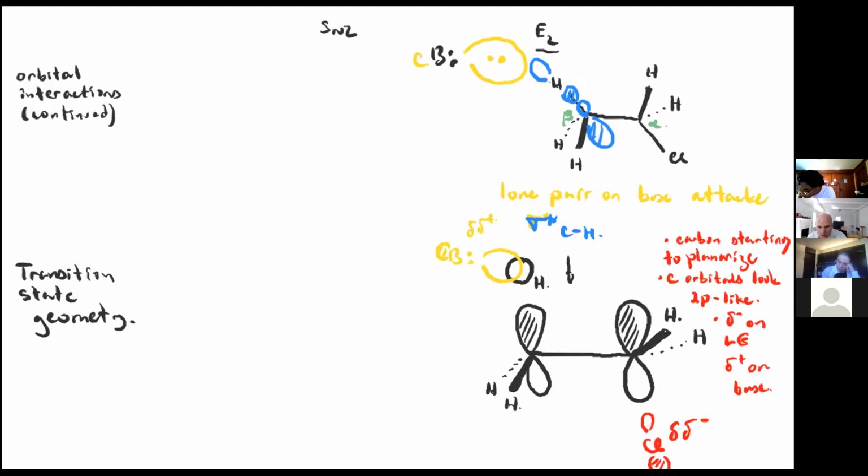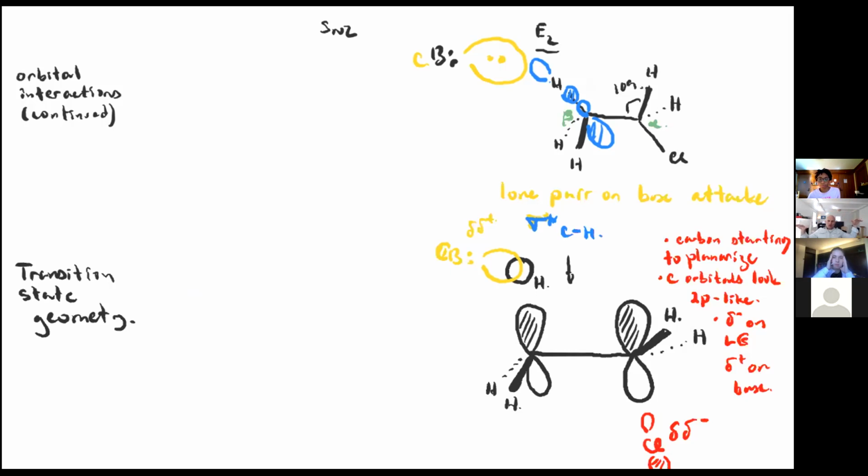What do I mean by carbon starting to planarize? What I mean is that in the starting material, the bond angles here are about 109, right? And when this thing gets to be fully converted to product, we know that we're going to have a double bond. And so the carbon will be planar. The bond angles will be 120 degrees. And so by starting to planarize, what I mean is in the transition state, you're somewhere between tetrahedral and fully planar.